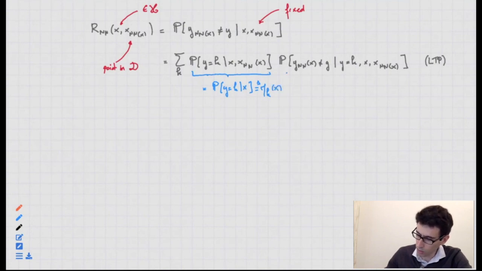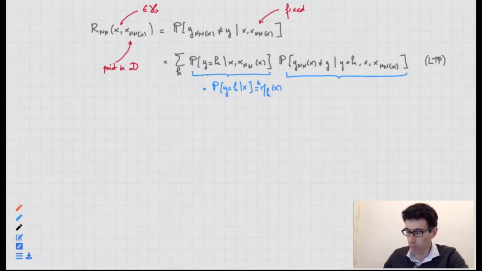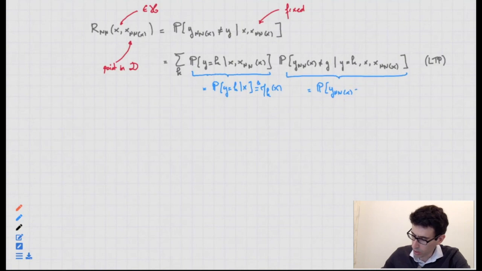Now, if you look at the term on the right-hand side here, this is the probability that the label of the nearest neighbor of x is not equal to y, given that y is equal to k, and given that you know x and the nearest neighbor of x. So what I'm claiming is that this can be simplified too, because this is the probability of the label of the nearest neighbor of x, y_n(x), not equal to k, given that y equals k, x and x's nearest neighbor.